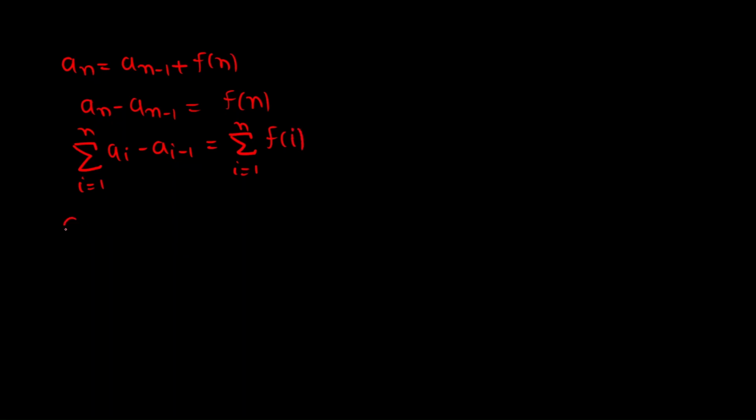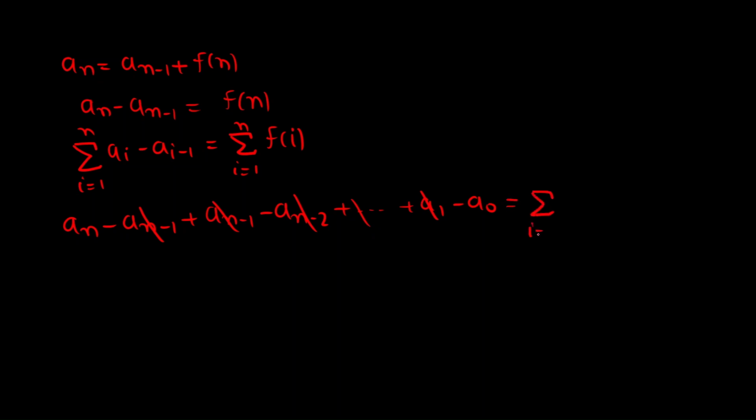Now again if you expand this, it will look something like an minus an minus 1 plus an minus 1 minus an minus 2, and so on till a1 minus a0. Again you can see that the intermediate terms are getting cancelled. This cancellation will happen till a1, and on the RHS you will have summation from i equal to 1 to n of f of i.